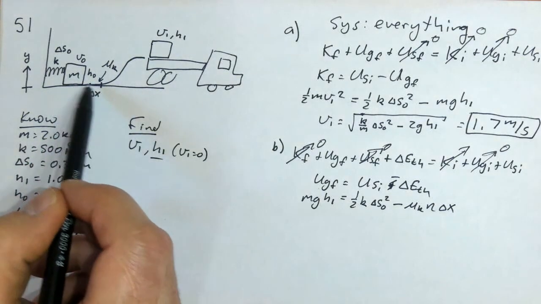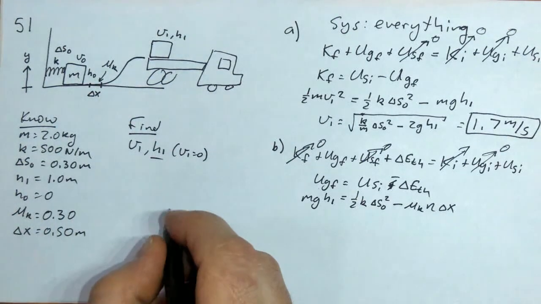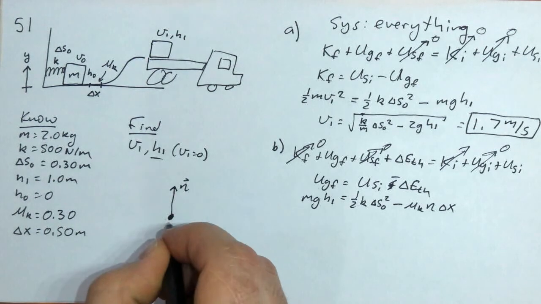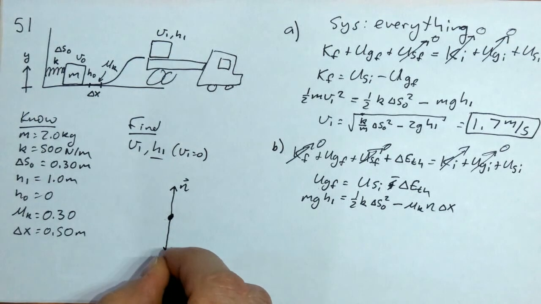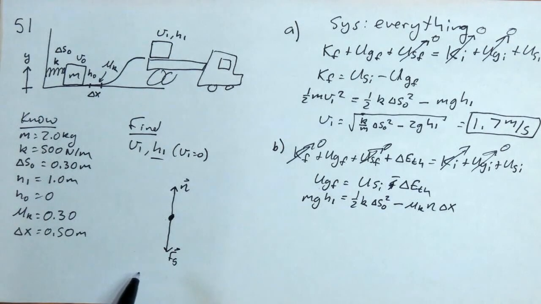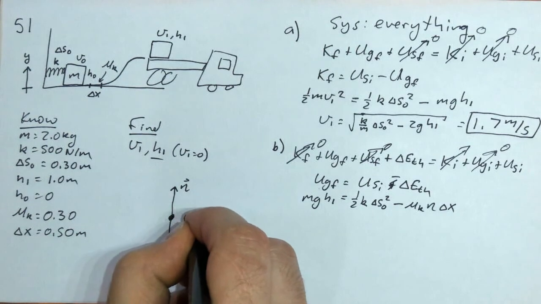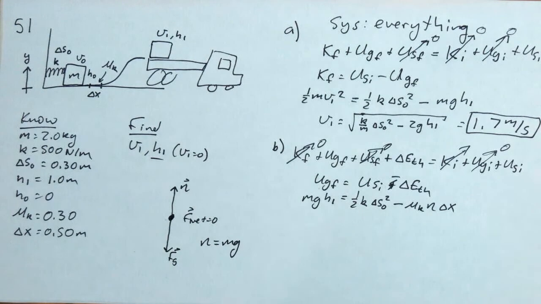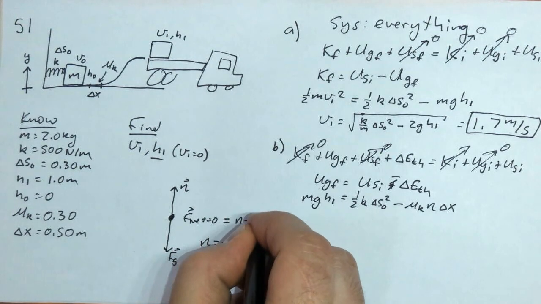But I'm going to be thorough and draw the diagram out to develop that habit, because there are many cases in life where n does not equal mg. So F net equals 0, which equals n minus mg, therefore n equals mg.